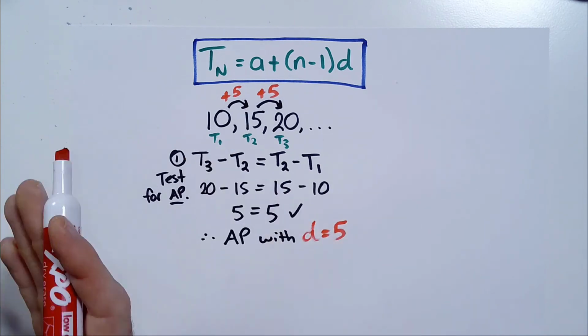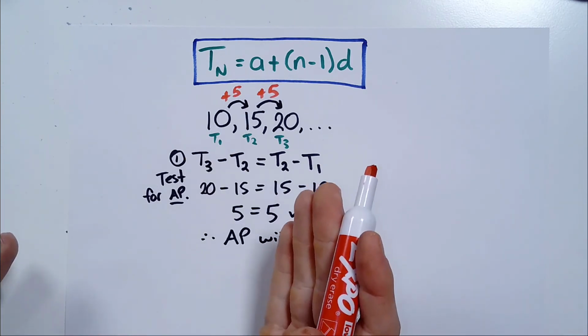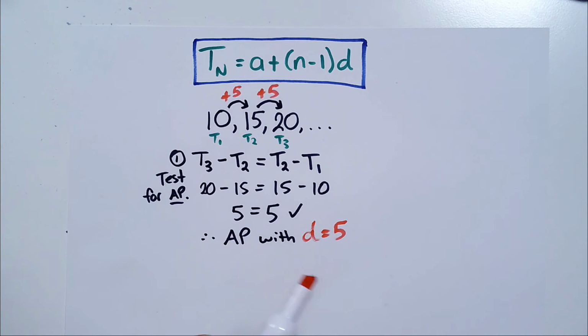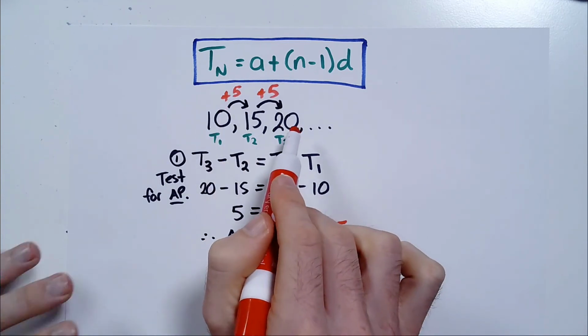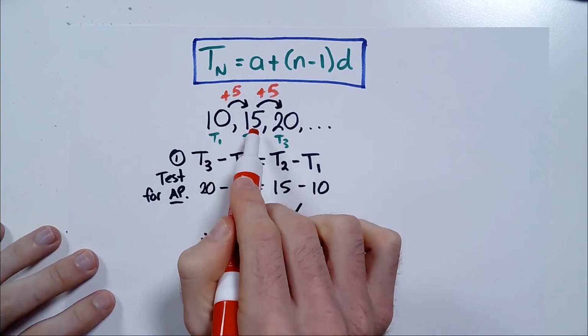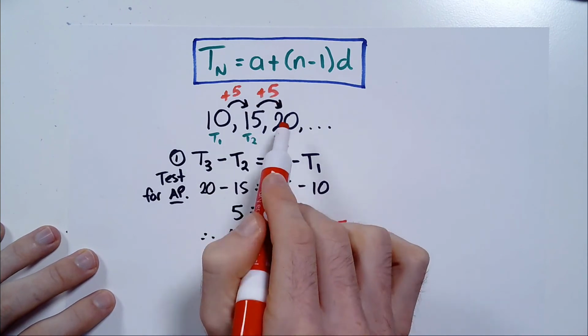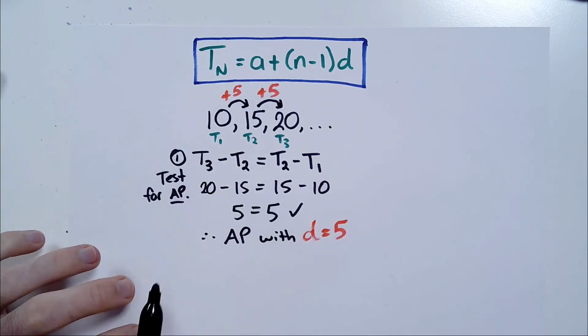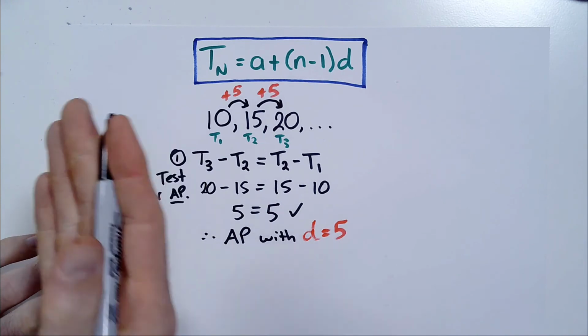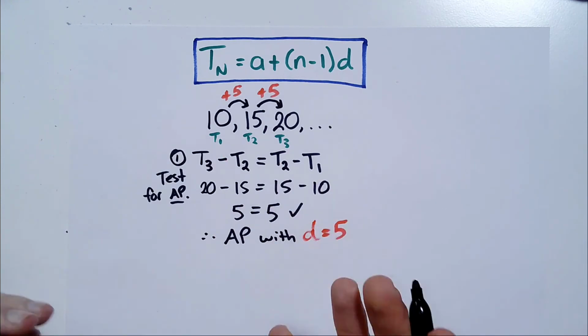This is all about plussing by the same number, which can include negatives. So in other words, you could actually be minusing by the same number in a way. So it could be 10 minus 5 is 5, 5 minus 5 is 0. That would also be an AP.